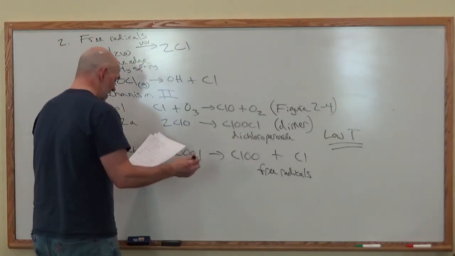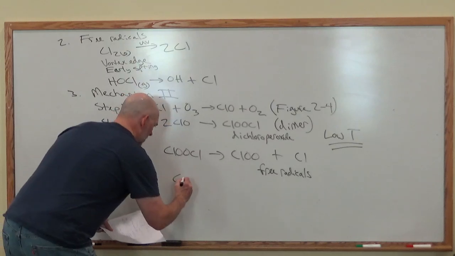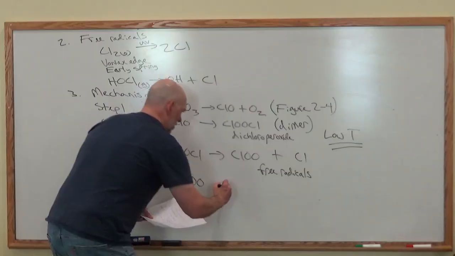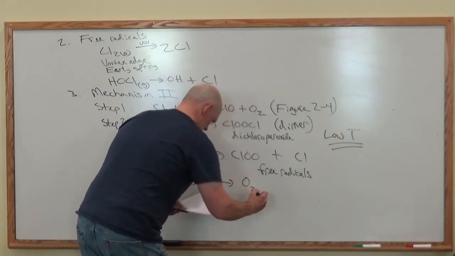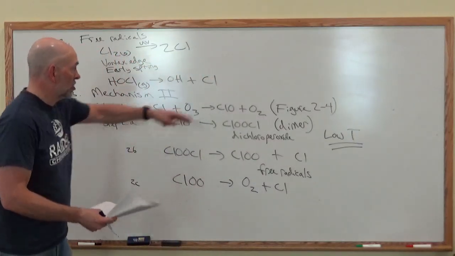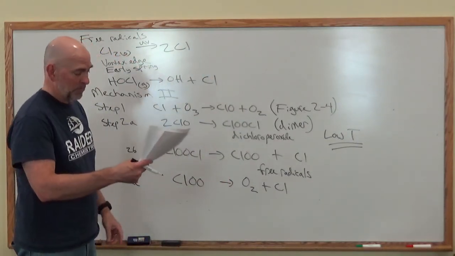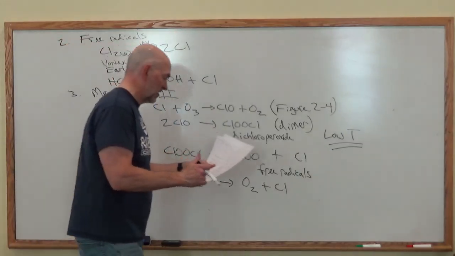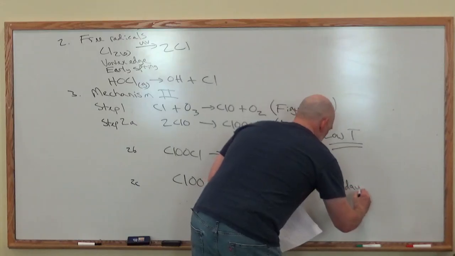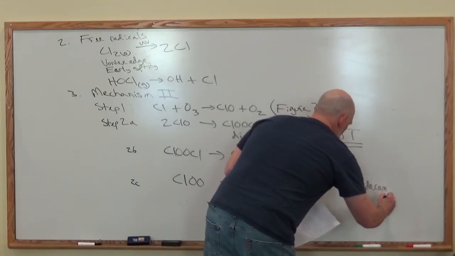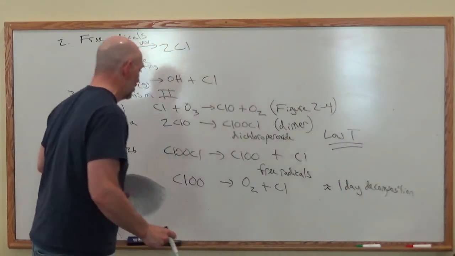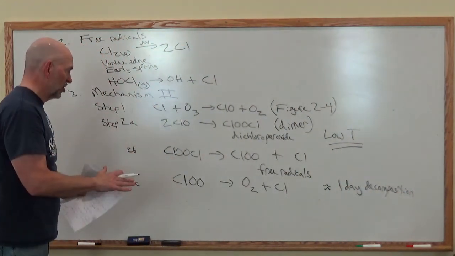So then, in the last step, is where you get your next oxygen being produced. And a note on the side of this, this takes about a day to occur under these conditions.